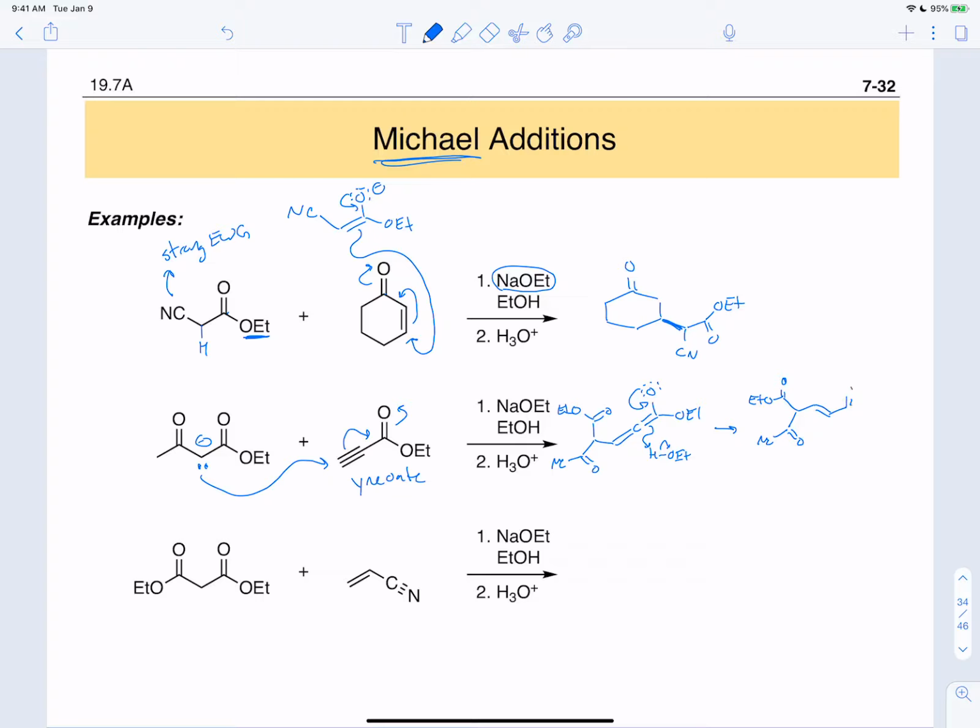And we see the product is also an alpha-beta unsaturated carbonyl compound.